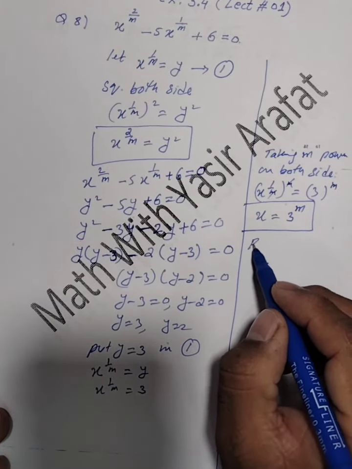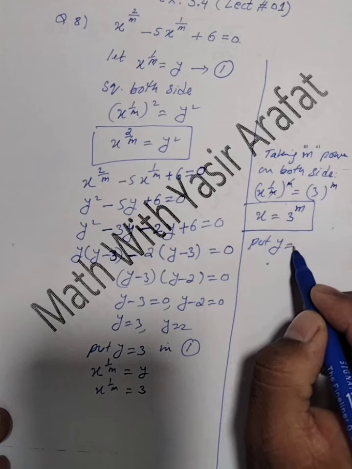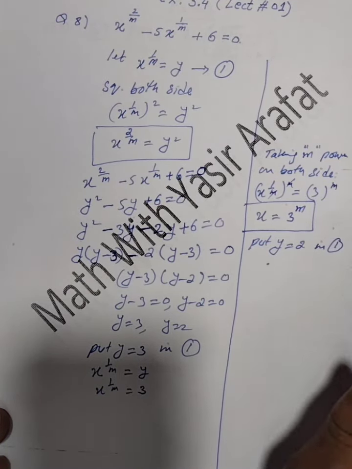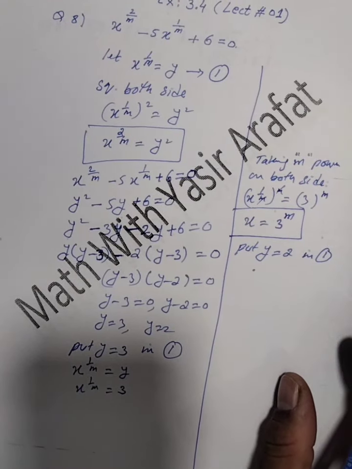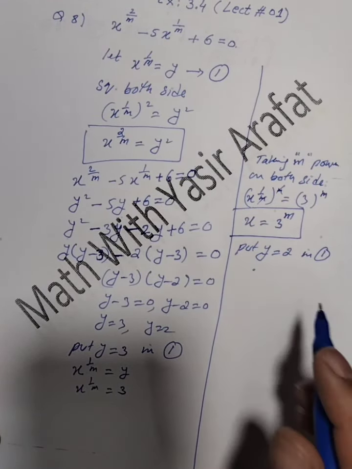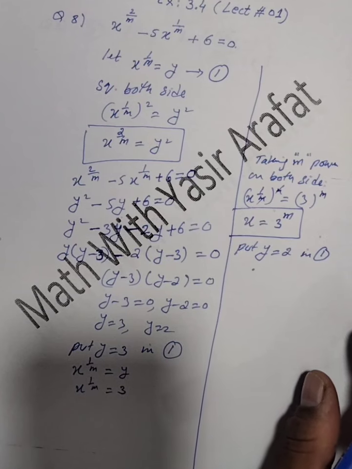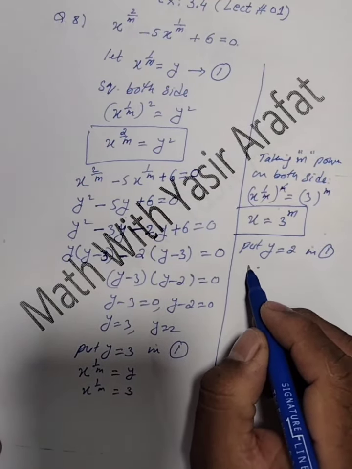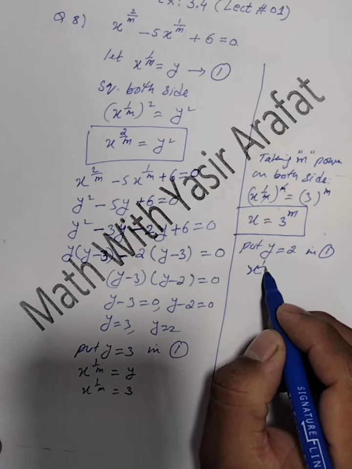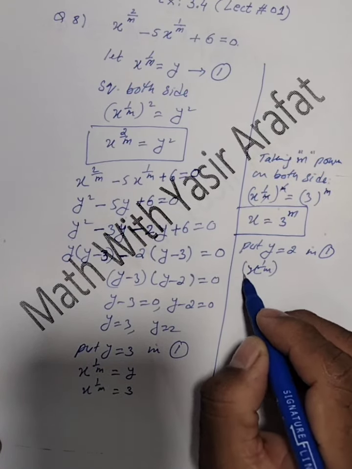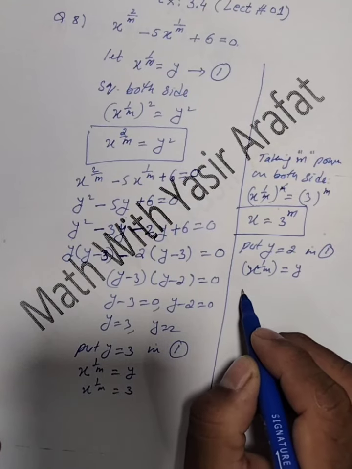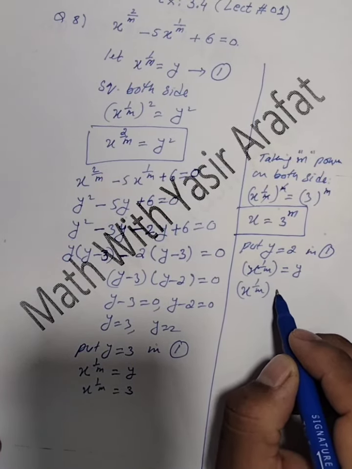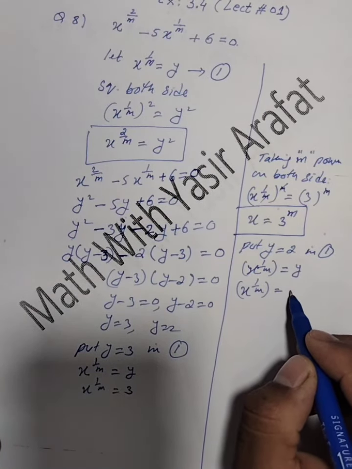Now we have to put y is equals to 2 in equation number 1 again. So this is here x power 1 upon m, it is equals to y, and again we have to put the value of y is 2.